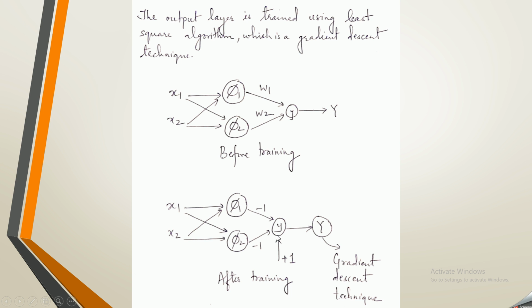And once the weights are added, we get the final value by applying the gradient descent technique. So this is how the problem of linear inseparability that we were facing in the XOR function can be reduced to linear separation by applying the radial basis function.